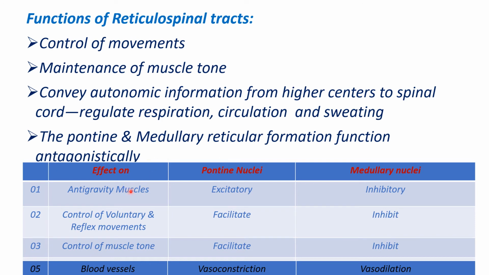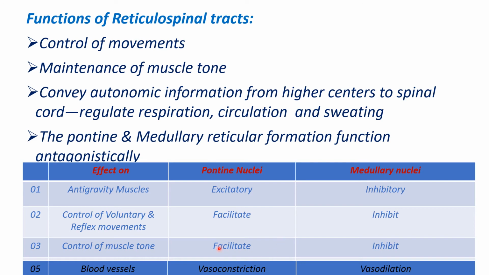The effect of pontine nuclei on anti-gravity muscles is excitatory, and medullary it is inhibitory. Pontine nuclei facilitate the control of voluntary and reflex movements, while medullary nuclei inhibit it. Pontine nuclei facilitate muscle tone, while medullary nuclei inhibit it. Pontine nuclei lead to vasoconstriction and medullary nuclei to vasodilatation.